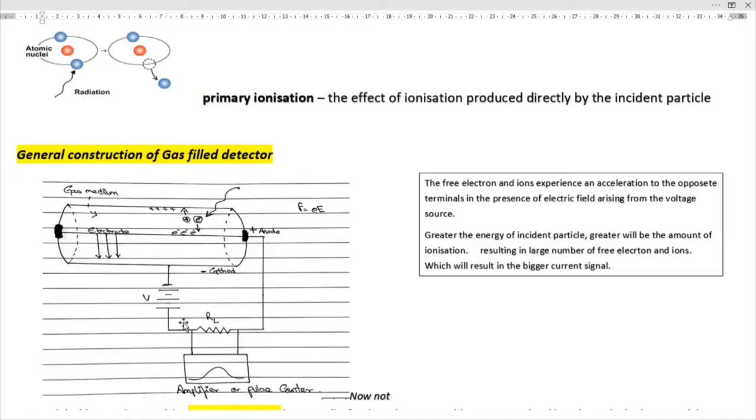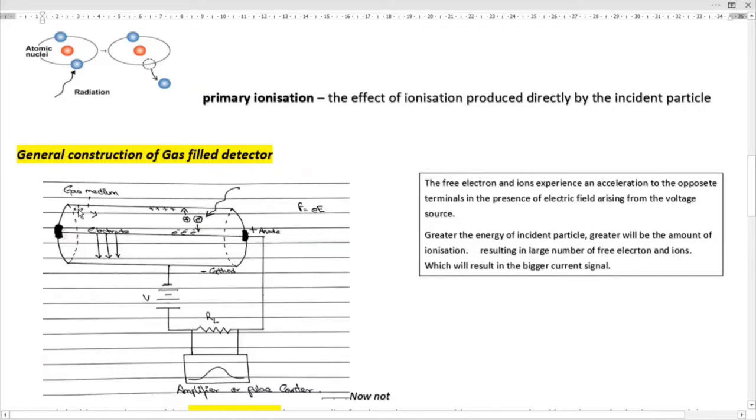This is the general construction of a gas-filled nuclear detector. It is made up of a hollow cylinder, and inside the hollow cylinder, it is filled with a gas medium, for instance, hydrogen or air at 1 atmospheric pressure. And an electrode passes through the center of the hollow cylinder, enclosed by an insulator and connected to the load resistance, which is further connected to the positive terminal of the battery.